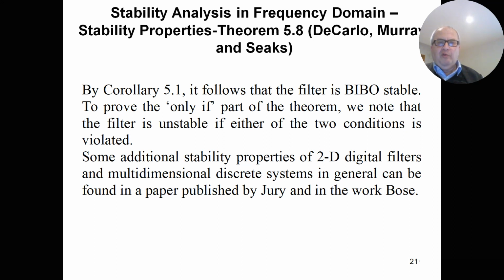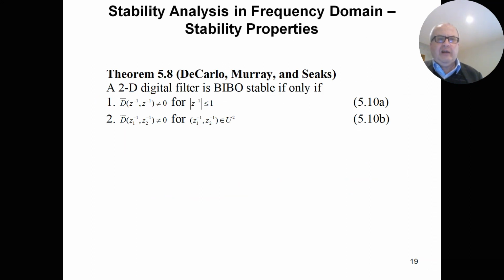And why must we have practical tests? Because when we design a filter, our system usually is reduced to an optimization problem. And if you have to solve an optimization problem, you must have some conditions. Checking a condition like this is practically impossible.